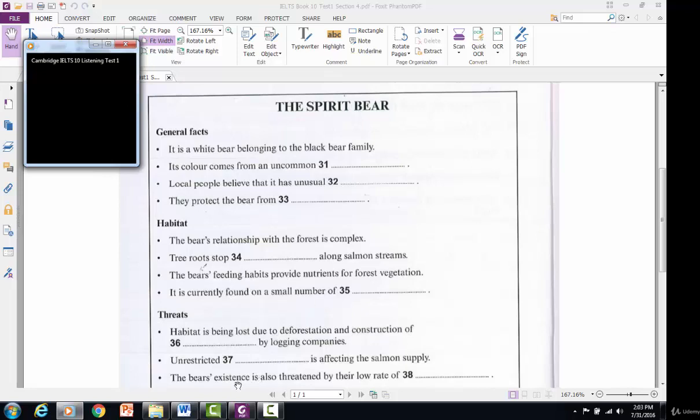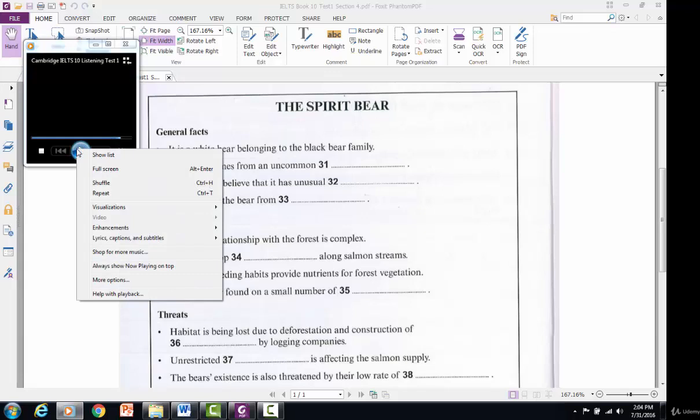Today, the spirit bear lives off the coast of the province of British Columbia on a few islands. There is great concern for their survival, since it is estimated that less than 200 of these white bears remain. The best way to protect them.